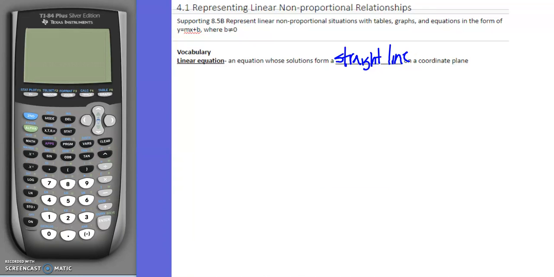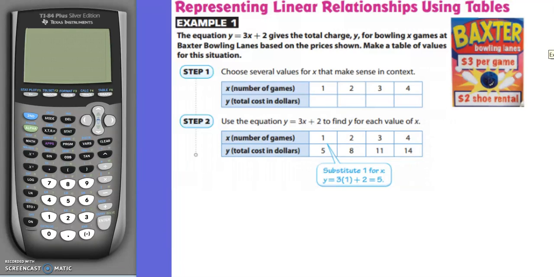Let's look at example 1. The equation 3x plus 2 gives the total charge y for bowling x games at Baxter Bowling Lanes based on the prices shown. Make a table of values for the situation. So if we look at the first one, it is just 3 times 1 plus 2. 3 times 1 is 3, 3 plus 2 is 5.